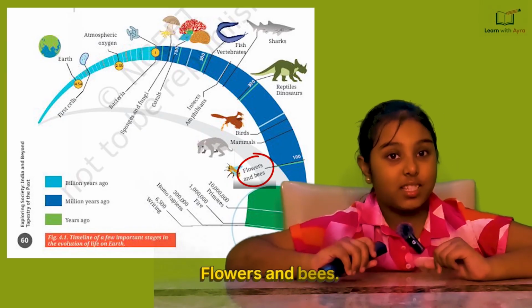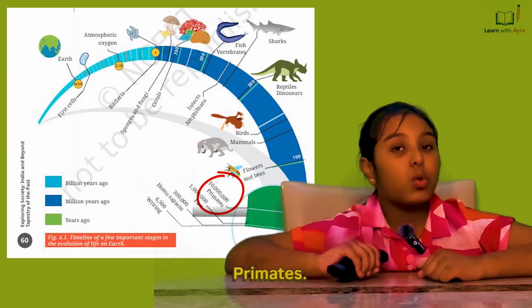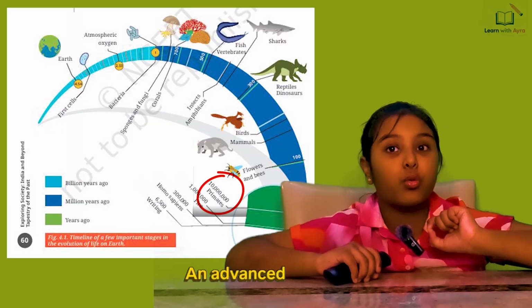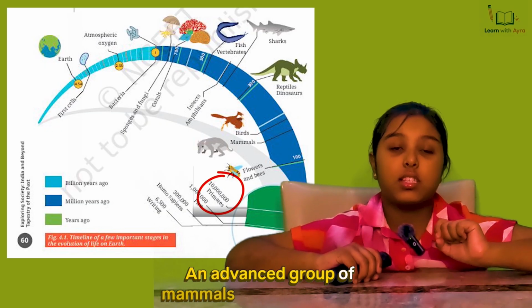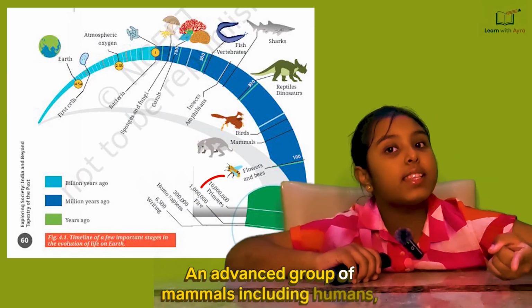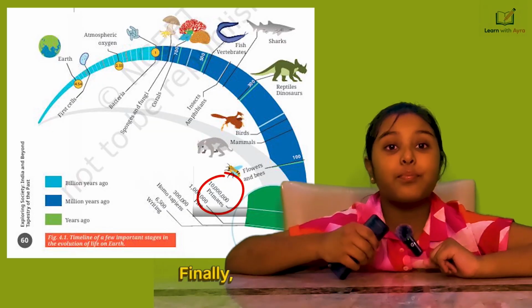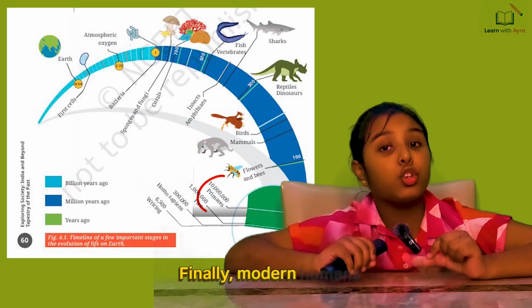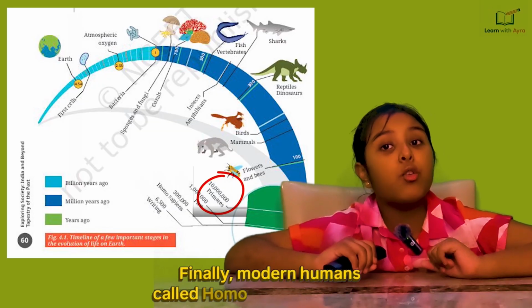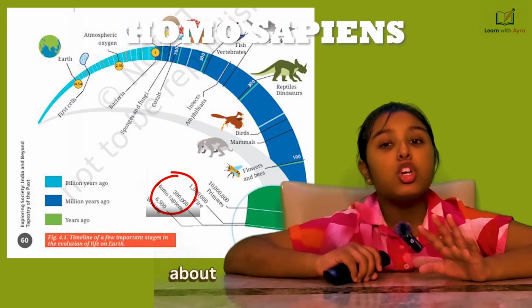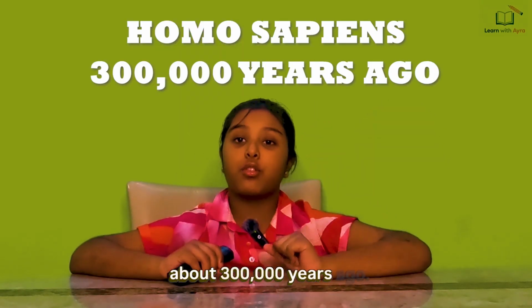Flowers and bees. Primates. What are primates? An advanced group of mammals, including humans, apes, monkeys. Finally, modern humans called Homo sapiens appeared only about 300,000 years ago.